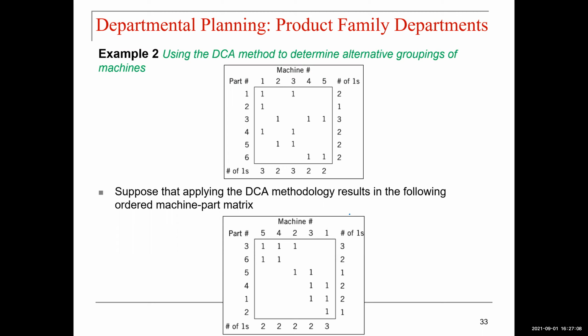So using the DCA method to determine alternative groupings of machines, I start with this information, and suppose that applying the direct clustering algorithm methodology results in the following ordered machine-part matrix. So after applying the method, this is what the result is. So I now want to see if I can split this in 2 cells.